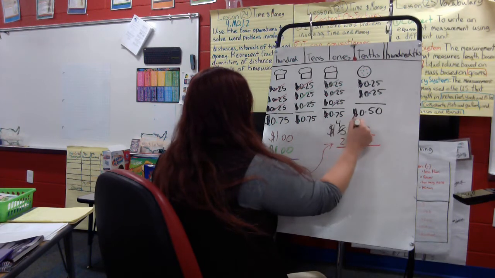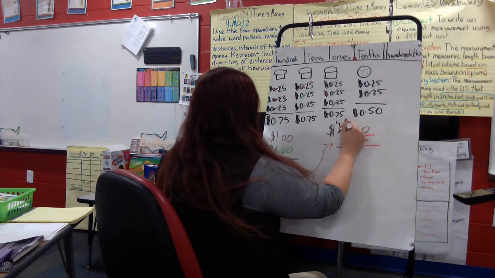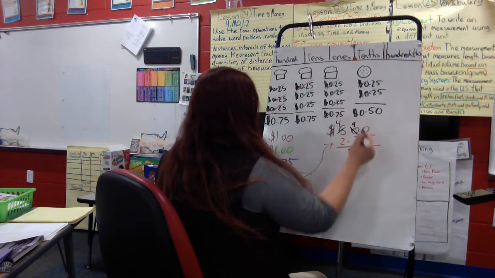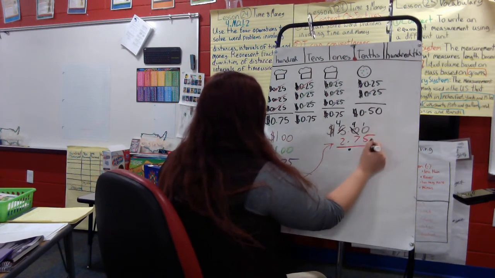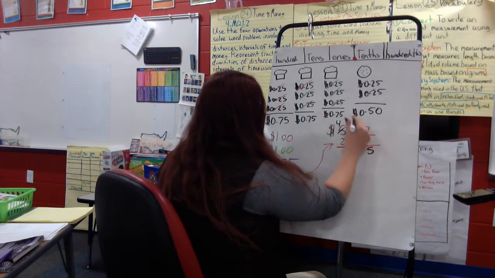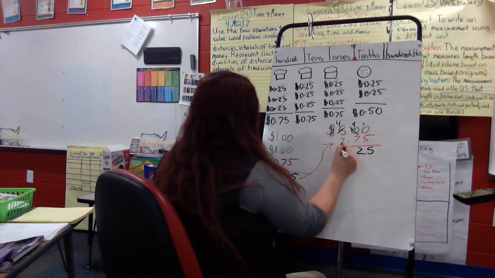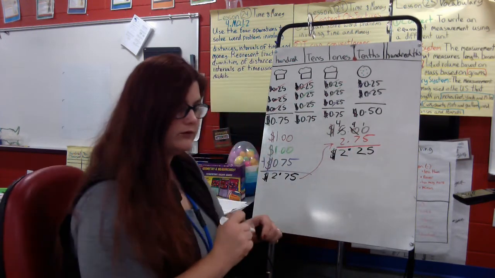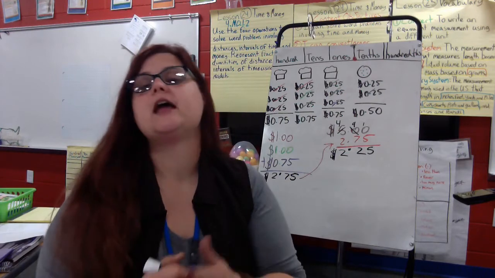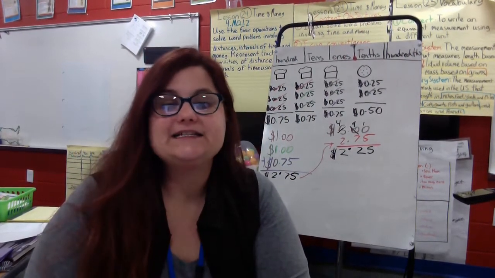All right, and this would have been a 10, but we got to borrow again, so that makes it a 9. Then the 10 goes into the ones column. 10 minus 5 is 5. 9 minus 7, 2. 4 minus 2 is 2. So our change would have been $2.25.